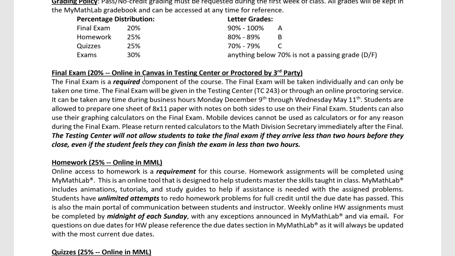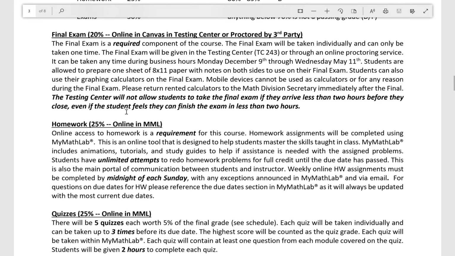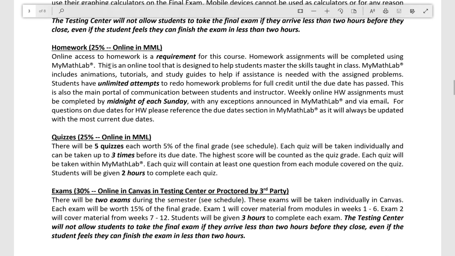The final exam is proctored, so that means you must come to the testing center on campus at South Mountain or take it at home using a third-party proctoring service that's free to you, and it's done in Canvas. The details are there. You can look over them.